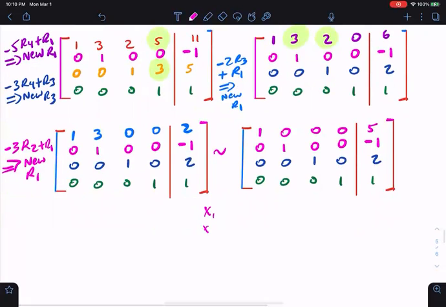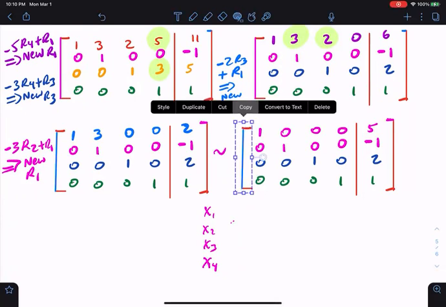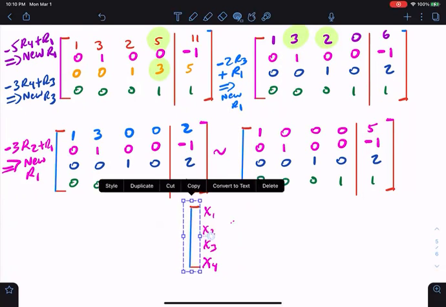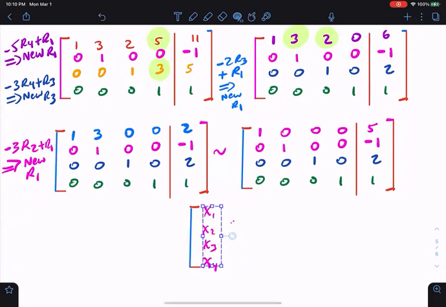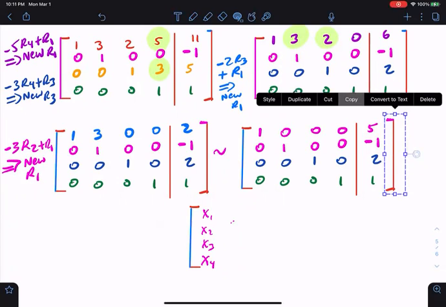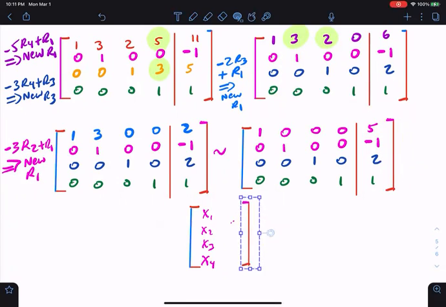So x1, x2, x3, x4 equals. Let me copy this one here, I don't want to keep writing this thing, it's annoying. This part is perfect.